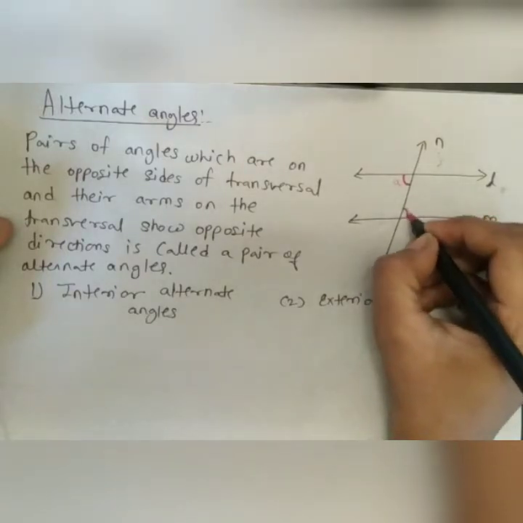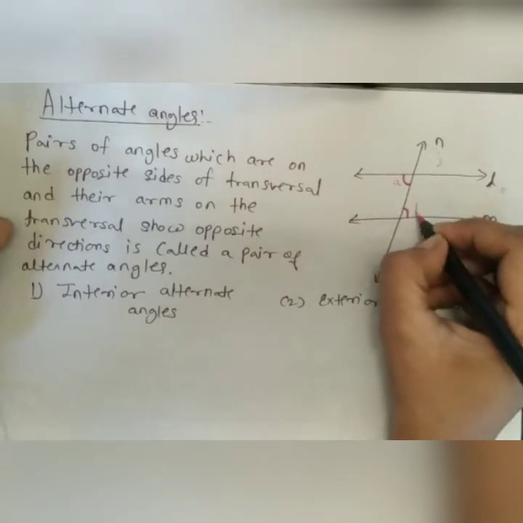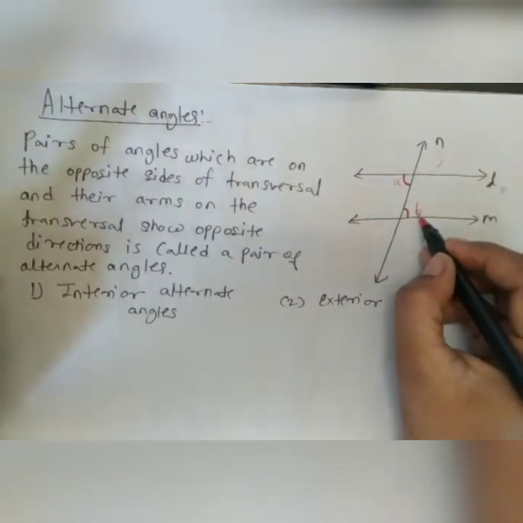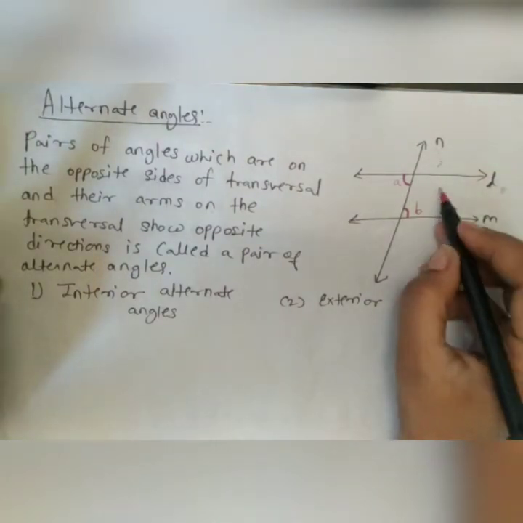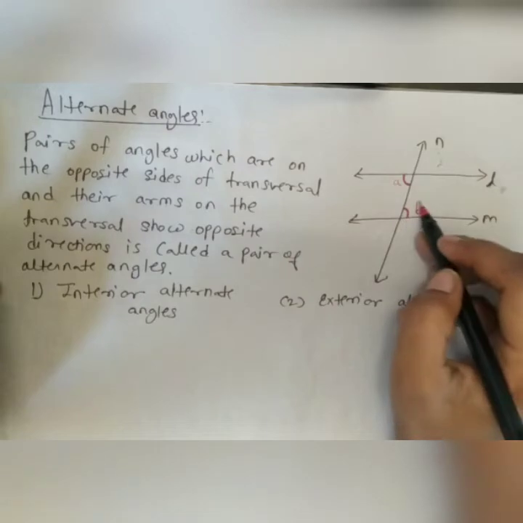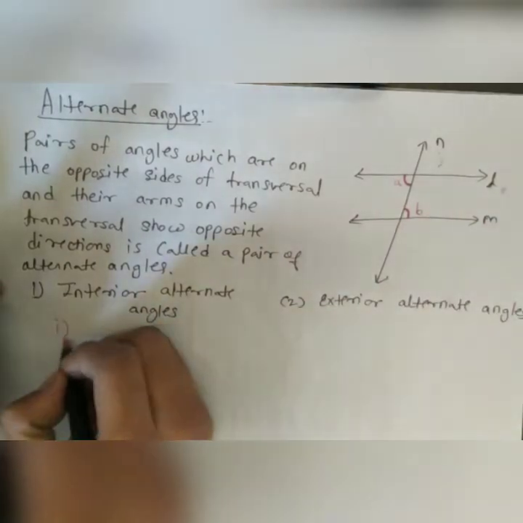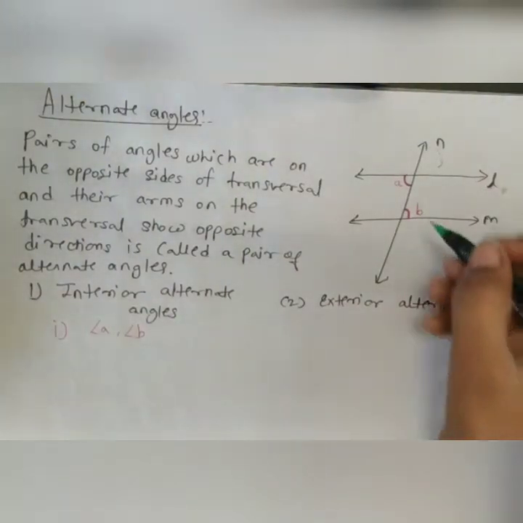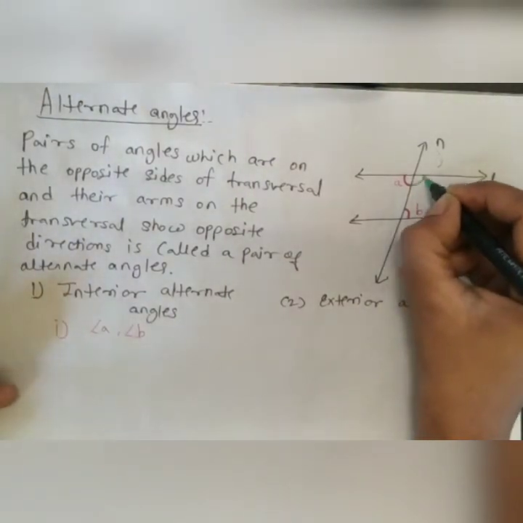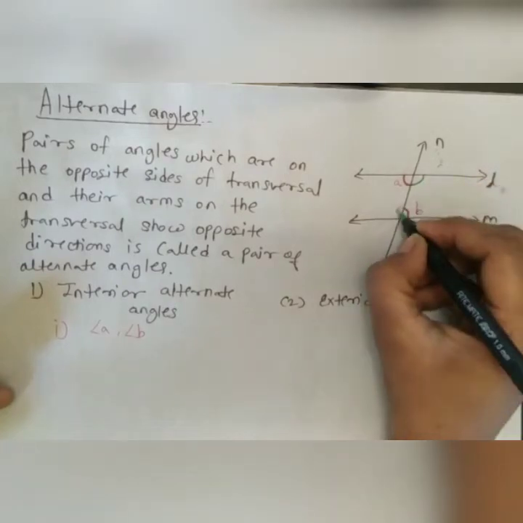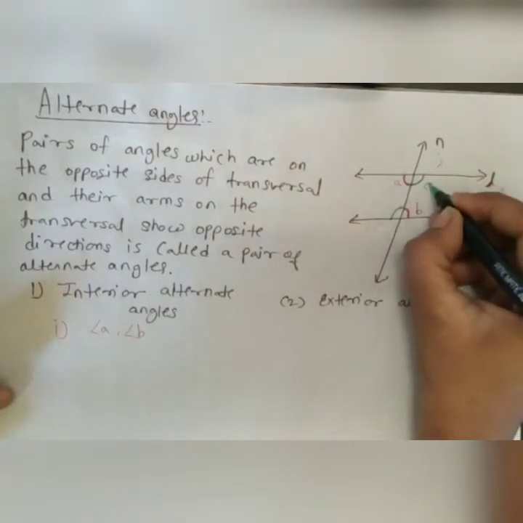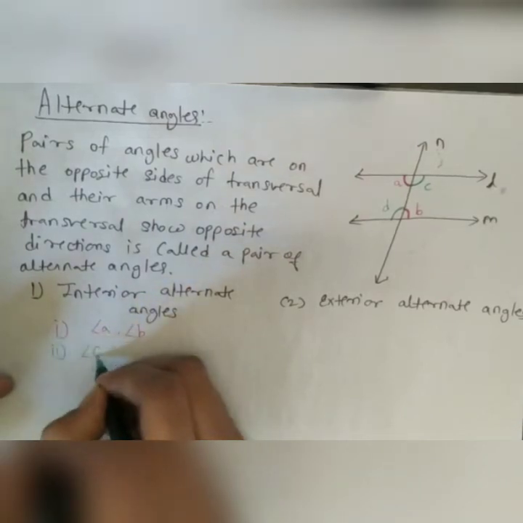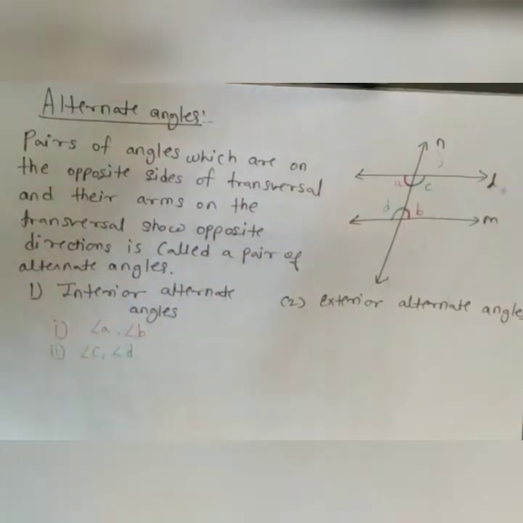So this is my new angle B. The pair of angle A and angle B is our interior alternate angles. And the second pair is this with this. Suppose this is C and this is D.